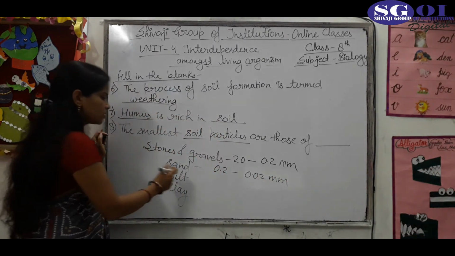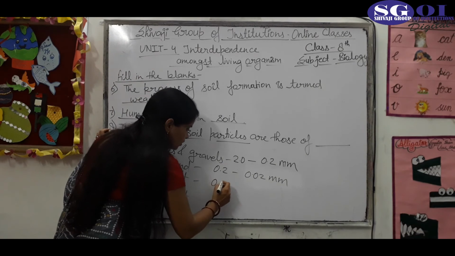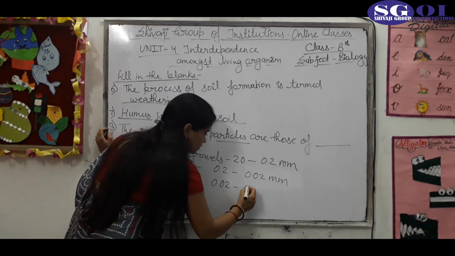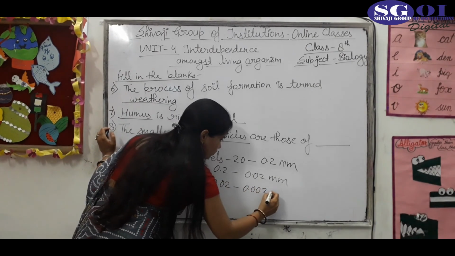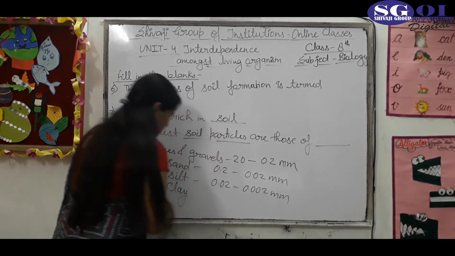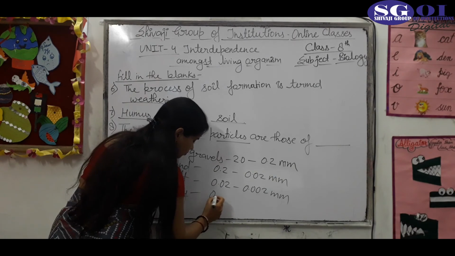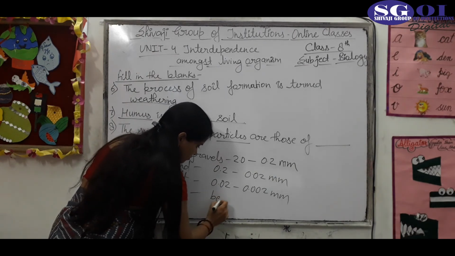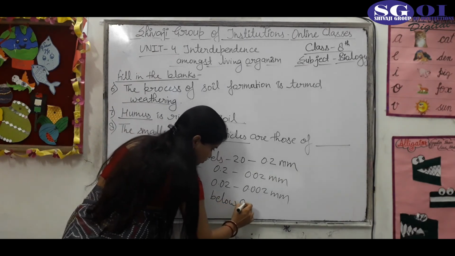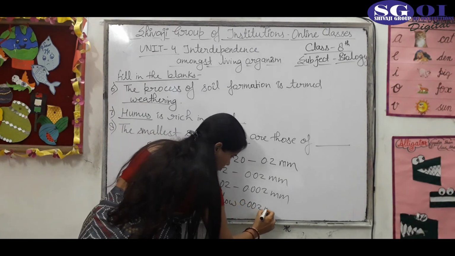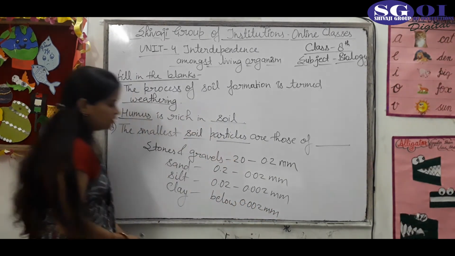Now the size of the silt is 0.02 to 0.002 mm. And the size of the clay is below 0.002 mm. This is the size of the clay soil.